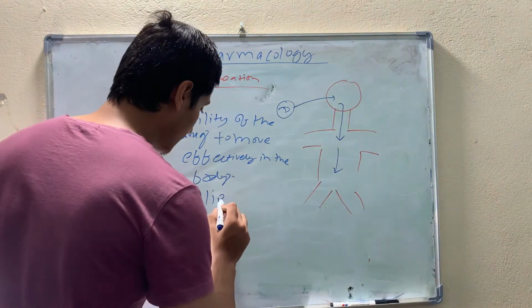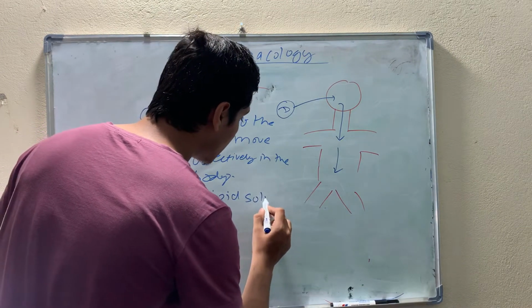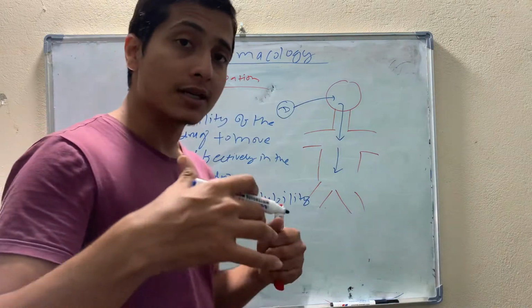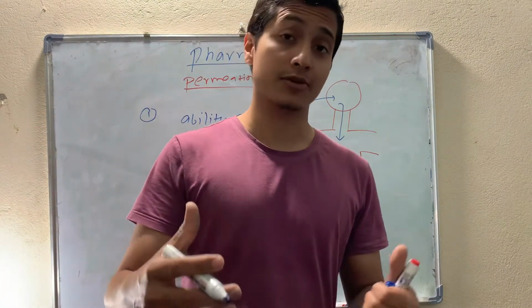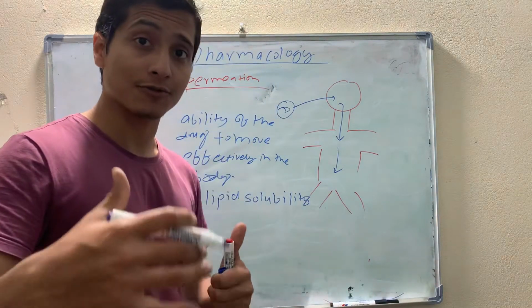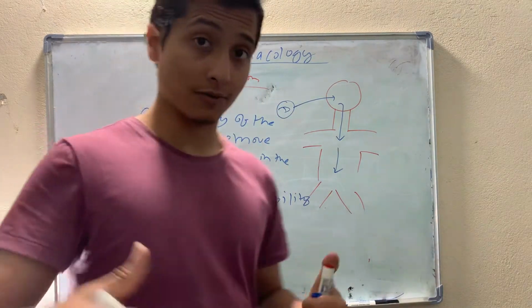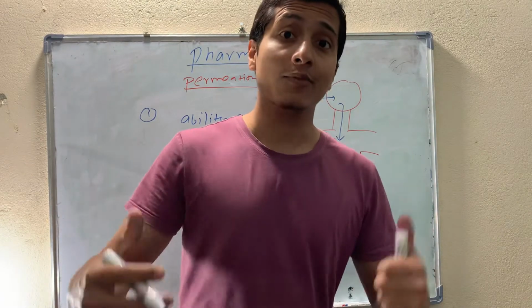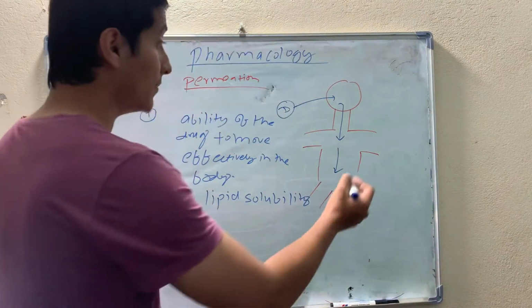lipid solubility. Almost every kind of drug, let's say 80% of drugs, are made lipid soluble so that they can traverse through the membrane. When they're lipid soluble, they get solubilized with the lipid bilayers of the membrane.